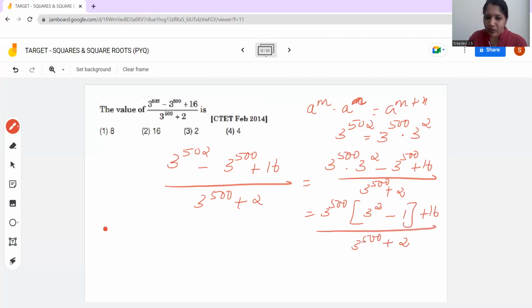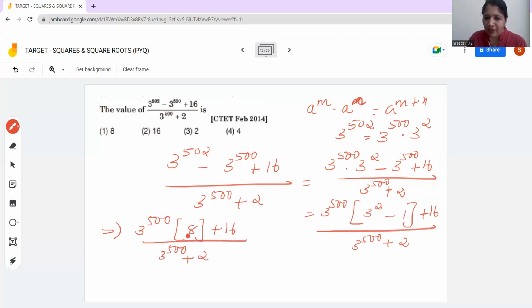Now, 3 square is 9. 9 minus 1, we know that it is 8, right? 8 plus 16 by 3 to the power 500 plus 2.